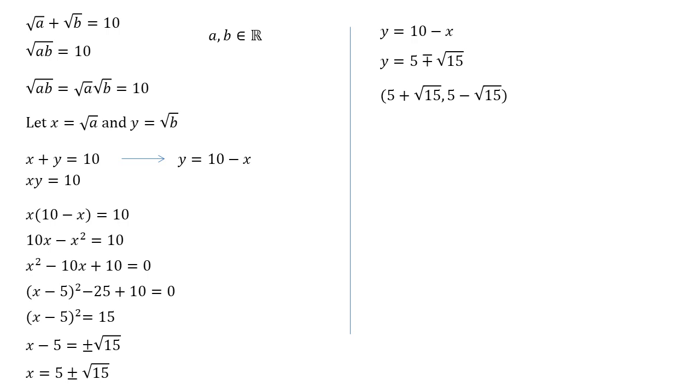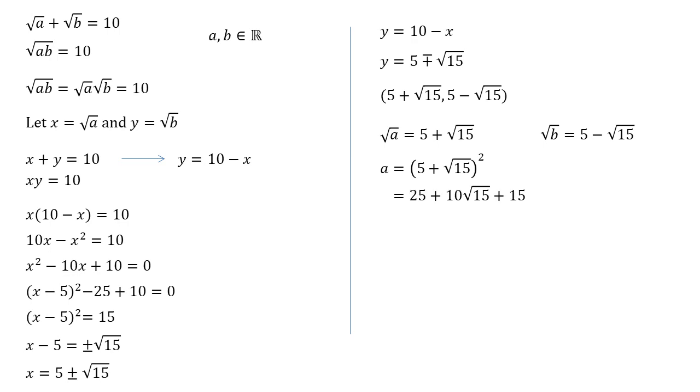We know that x is equal to root a, so root a is equal to 5 plus root 15, and root b is equal to 5 minus root 15. Looking at our left-hand equation, if we square both sides, we get that a is equal to the square of 5 plus root 15, which is equal to 25, plus 2 lots of 5 root 15, so 10 root 15, plus root 15 squared, so that's the 15, and that simplifies to 40 plus 10 root 15.